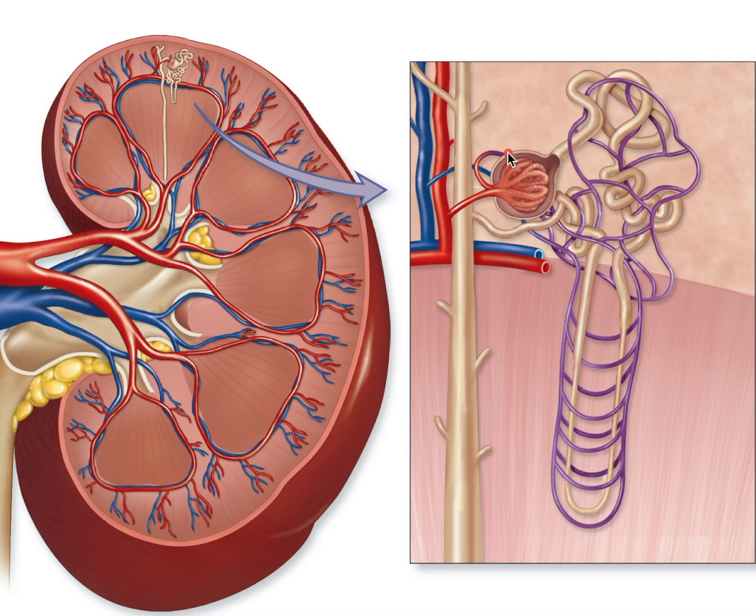And then the collecting duct here will, like I said, empty into the minor calyces, and at this point, it is considered urine.